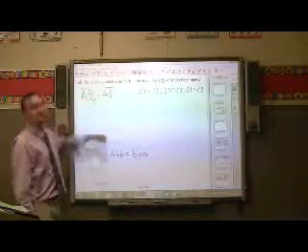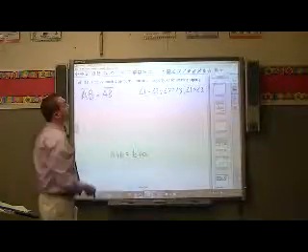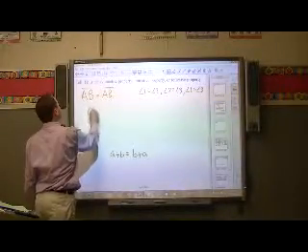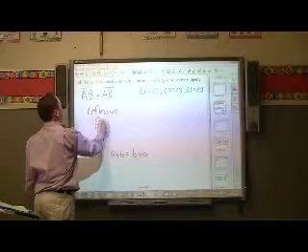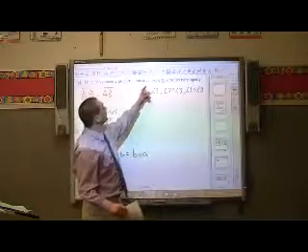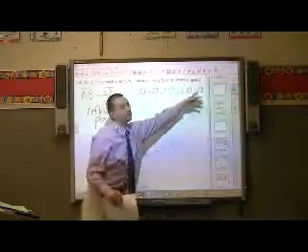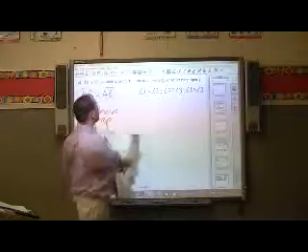So the first one here, if you remember, when it's the same thing, AB equals AB, that's reflexive property. The next one, I got 1 equals 2, 2 equals 3, 1 equals 3. So that one is your transitive property.